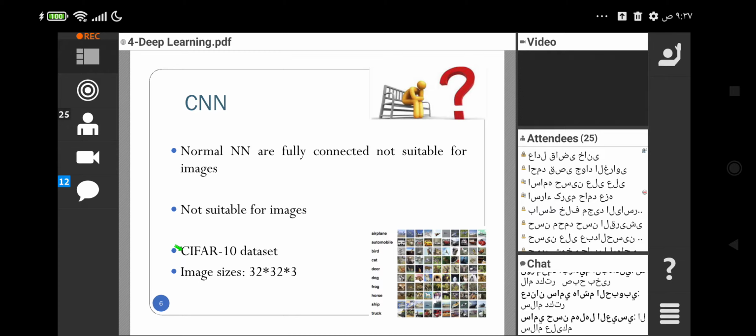CIFAR 10 is an image dataset with 10 different classes: airplane, automobile, bird, cat, deer, dog, frog, horse, ship, truck. You see some of these images in this slide, for example the birds, the airplanes.